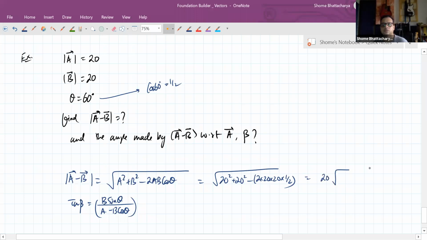Okay, and this will become beta will be 60.